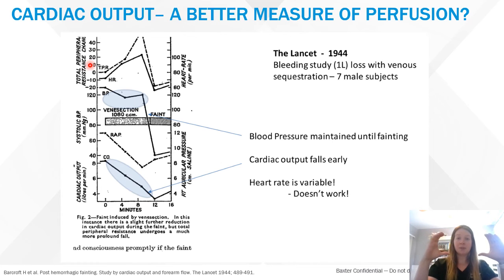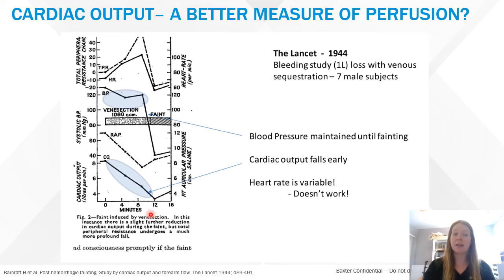So essentially what happens is our body shunts blood away from our fingers, our toes, our bowels, our kidneys, because again, it wants to perfuse our brain. So our vessels start constricting to get our pressure to go up. However, they're compensatory mechanisms. So once those fail, the blood pressure just tanks right before they faint.